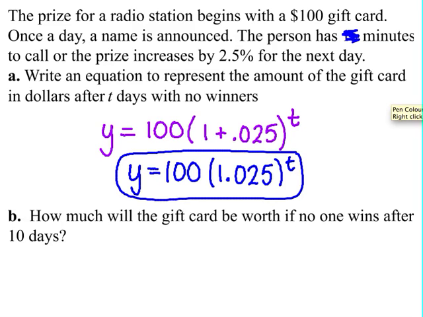Now on the next one, it says, how much will the gift card be worth if no one wins after 10 days? We're going to use what we found in part A, and we're going to plug in 10 for what? t. Yes, you will need a calculator.